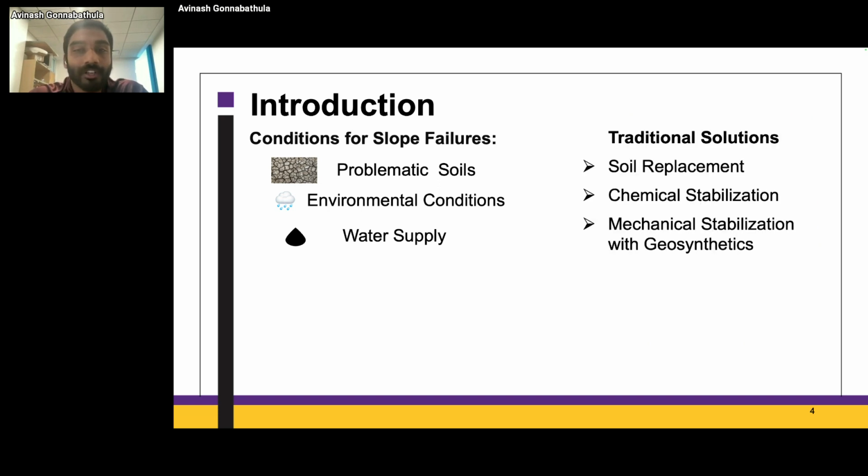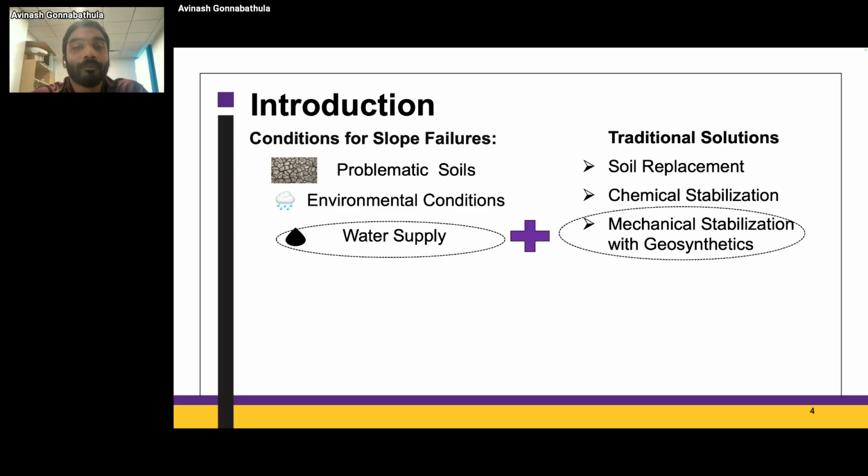For this, traditional solutions suggested are soil replacement for the embankments, which is often expensive, and chemical stabilization, which has concerns on sustainability and durability of the soil, and finally, mechanical stabilization, increasing the friction and the factor of safety of the slopes with geosynthetics. In this project, we are primarily concerned with the water supply, and we are proposing to use geosynthetics.